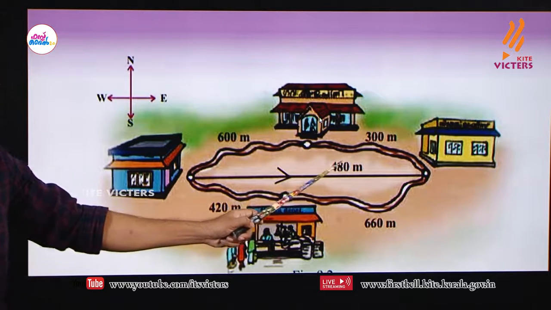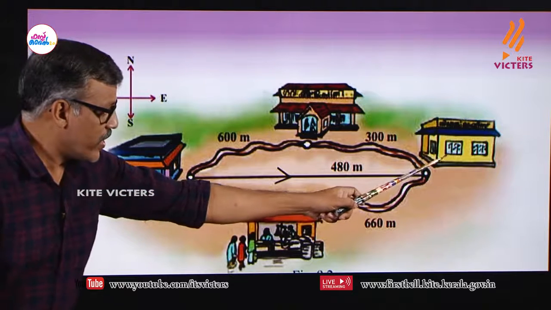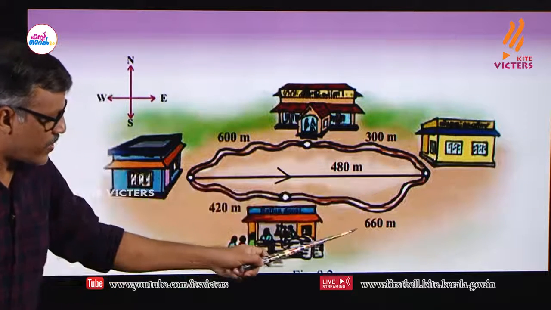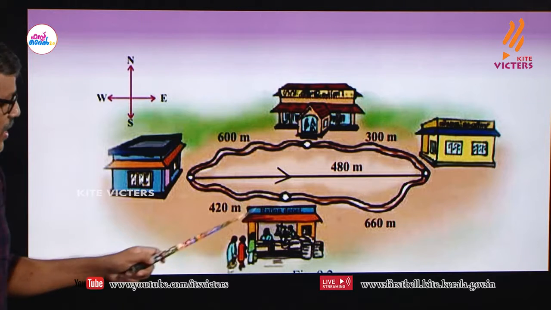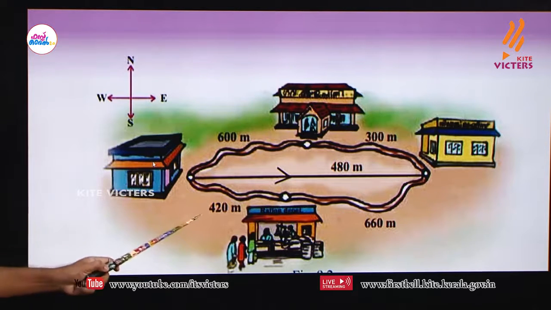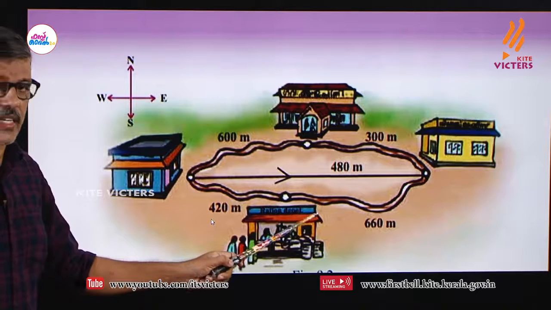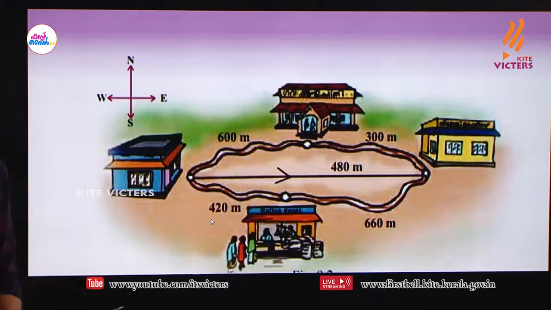And to reach his house, the distance between office and ration shop is 660 meter, and from ration shop to his house the distance is 420 meter. So, the total is 1080 meter.